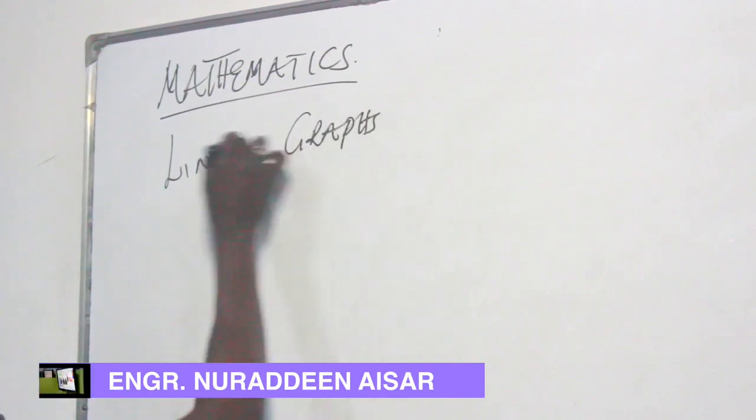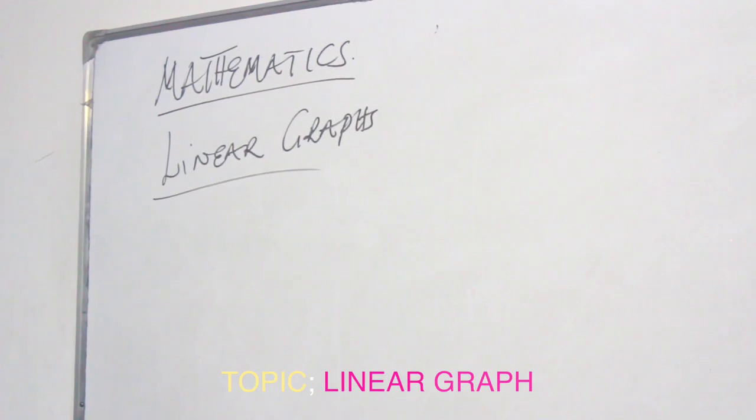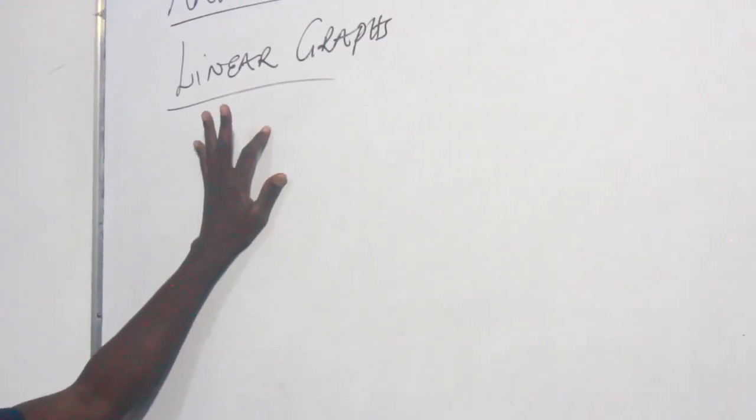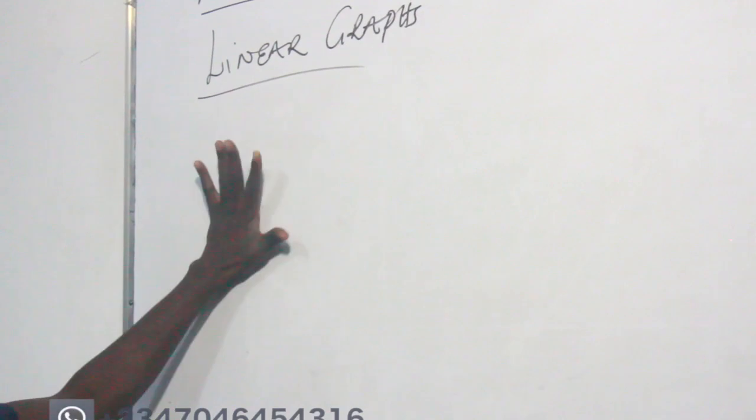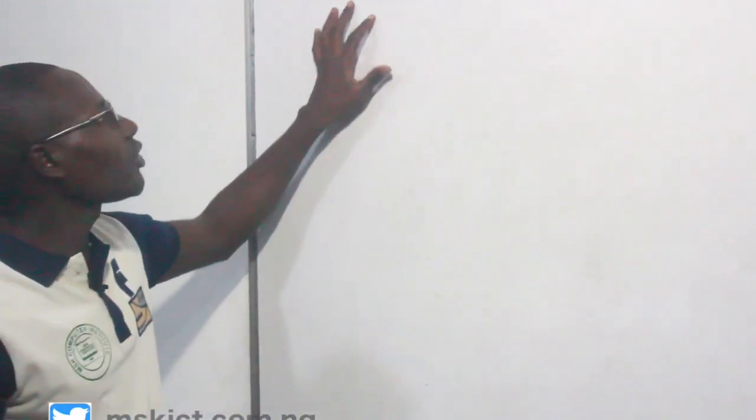Linear graphs in mathematics. Last time we discussed the quadratic graph, where we saw how to plot a graph involving a quadratic function. So today we will look at a linear graph.